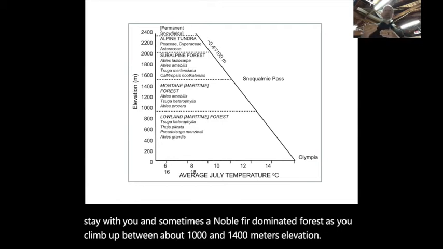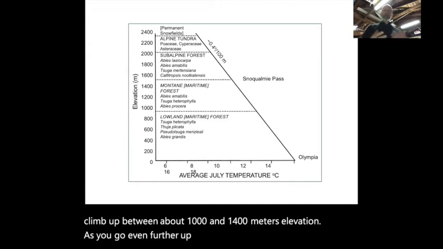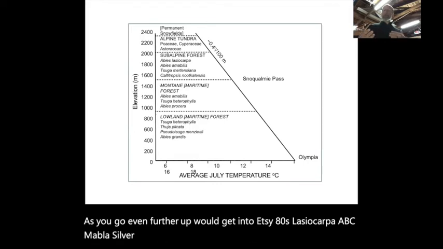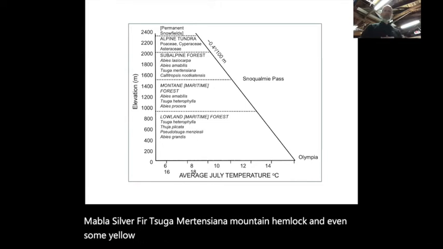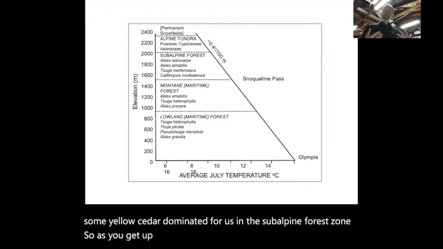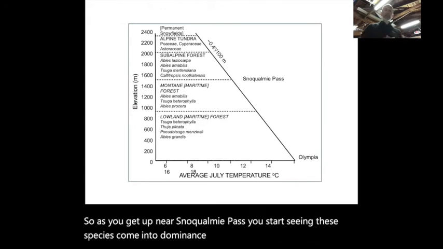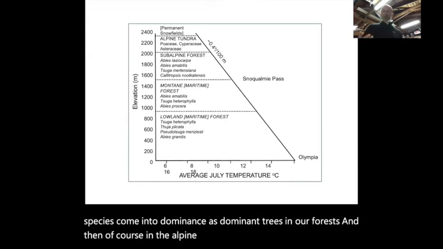As you go even further up, we'd get into Abies lasiocarpa, Abies amabilis, silver fir, Tsuga mertensiana, mountain hemlock, and even some yellow cedar dominated forests in the subalpine forest zone. So as you get up near Snoqualmie Pass, you start seeing these species come into dominance as dominant trees in our forests. And then, of course, in the alpine tundra, we start losing our trees altogether.